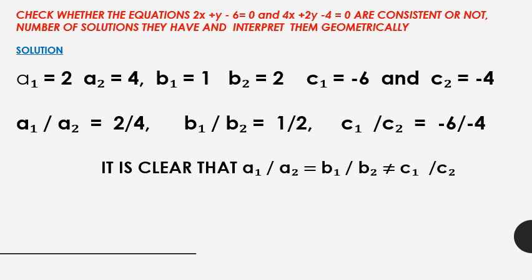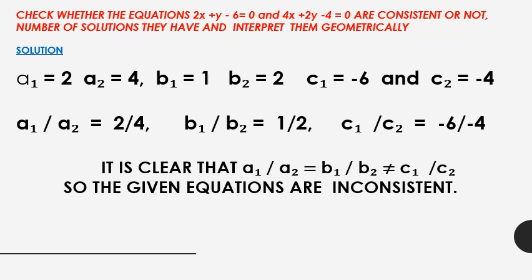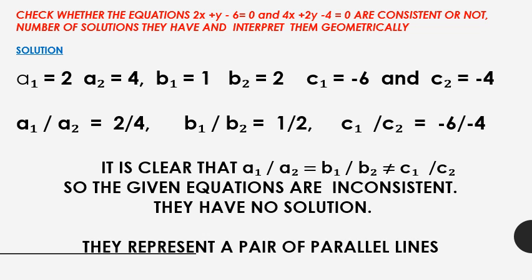When a1 by a2 is equal to b1 by b2, we have to go for c1 by c2, but a1 by a2 is equal to b1 by b2 is not equal to c1 by c2. Therefore the given equations are inconsistent. As they are inconsistent, they have no solution, and the linear equations represent a pair of parallel lines.